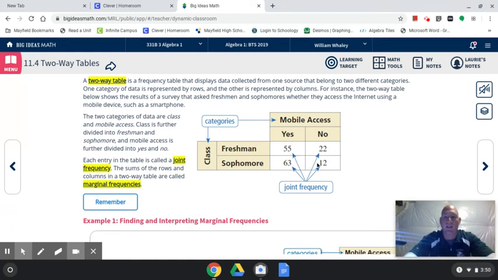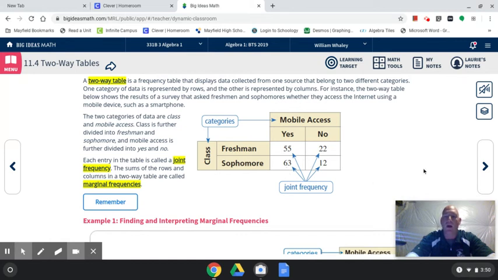And you can see everything here for joint frequency. Then we're going to look at something called marginal frequency. Marginal frequency is when you want to look at the group. Let's say, how many people said yes, regardless of whether they were a freshman or sophomore? That is a marginal frequency. It is this whole margin tied together. So you just take 55 plus 63.